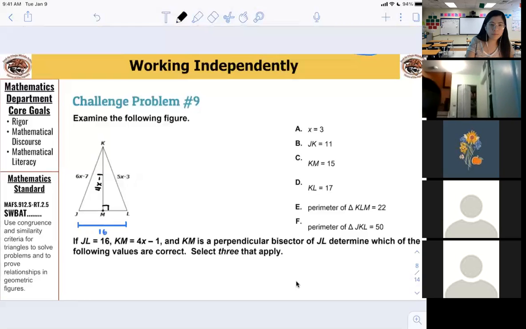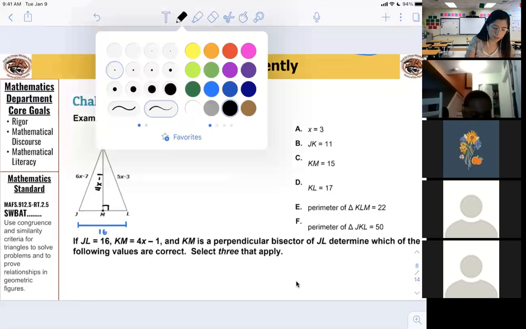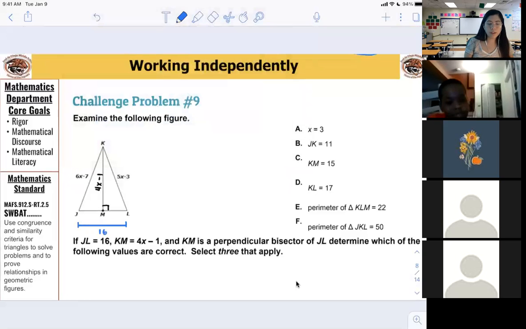And what else? Isn't it that JM is equal to ML? Yeah, they're equal to each other. It got bisected, it got cut in half. So we actually know how much each of those is going to be. How much would JM be? 8. Yeah, each of these would be 8.